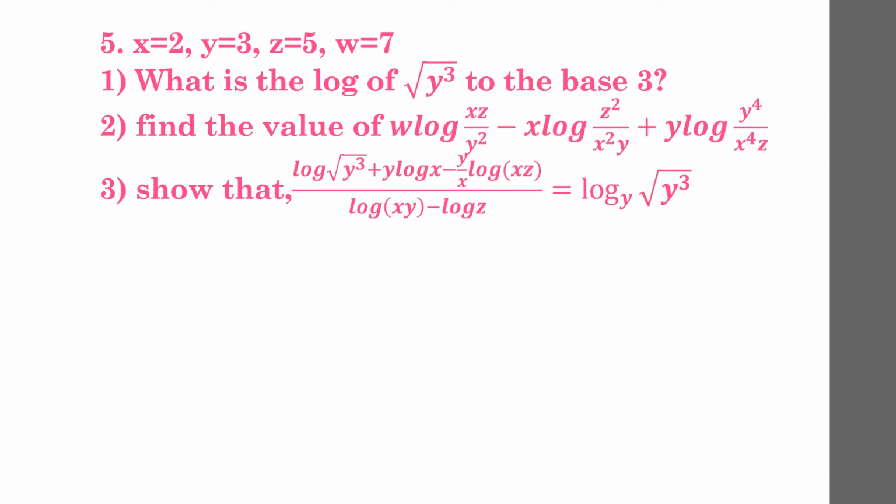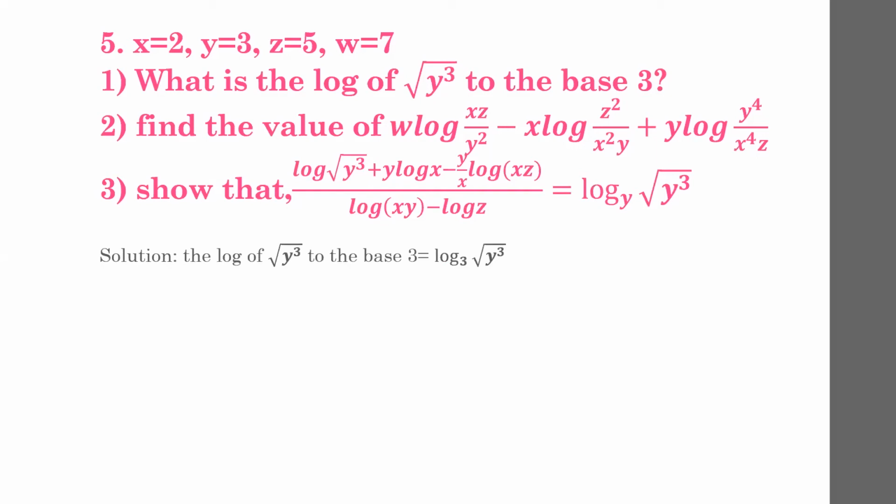And number 3 is show that log square root of y cube plus y log x minus y by x log xz divided by log xy minus log z equals log y based square root of y cube.